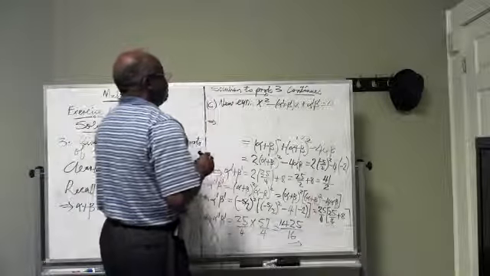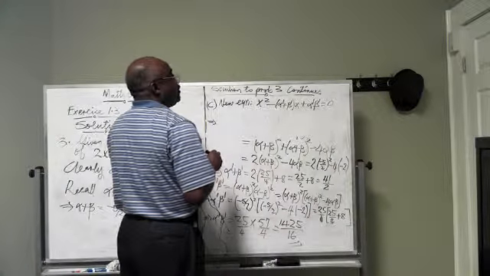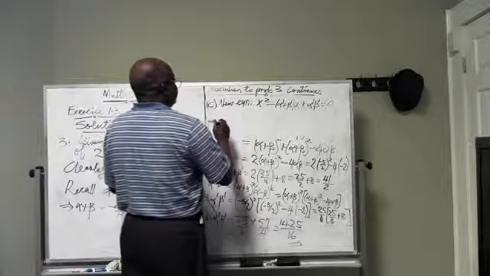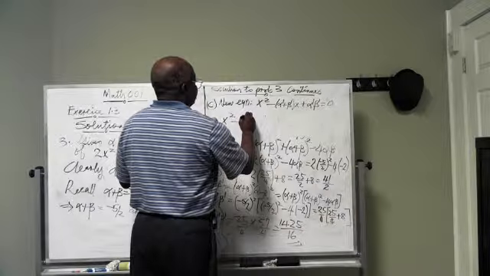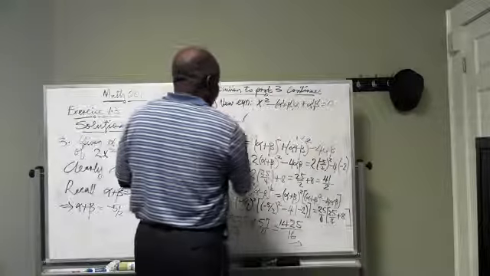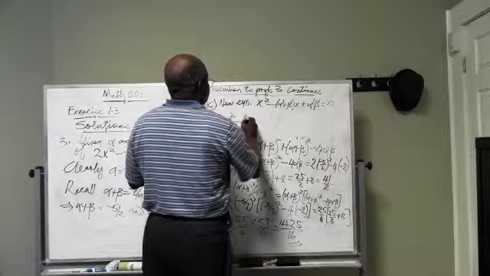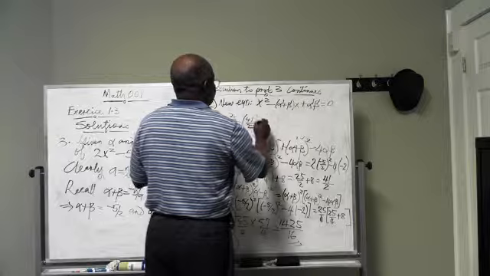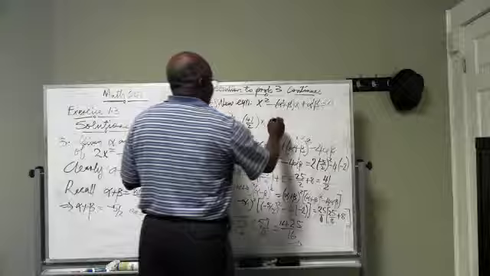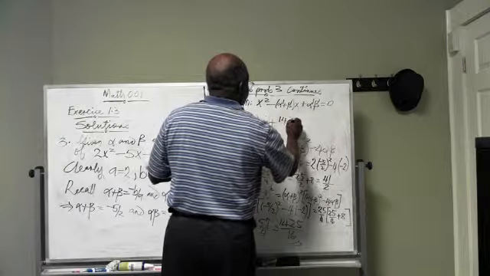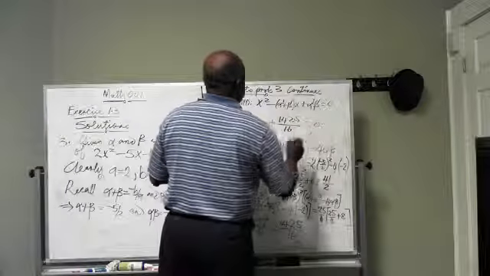If we substitute for alpha prime plus beta prime and alpha prime beta prime in the above relation, we have x squared minus 41 over 2 x plus 1425 over 16 equals 0.